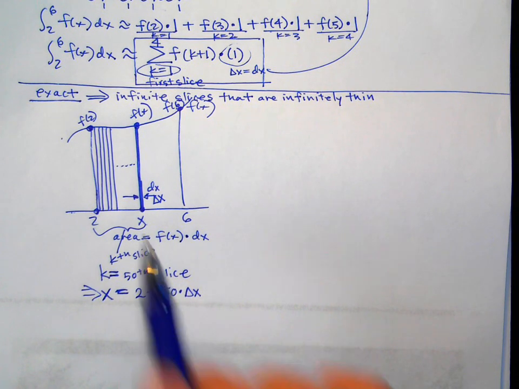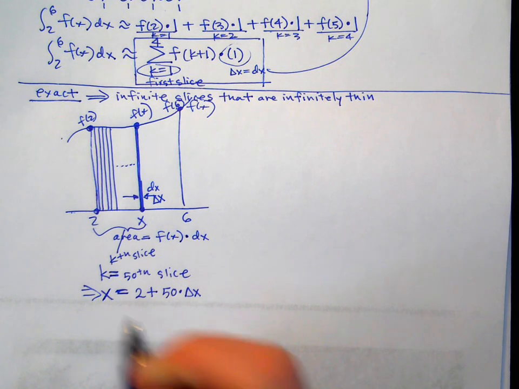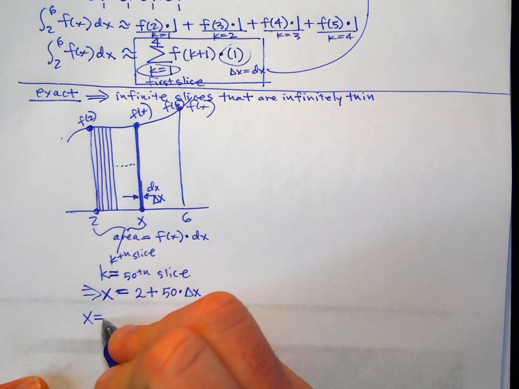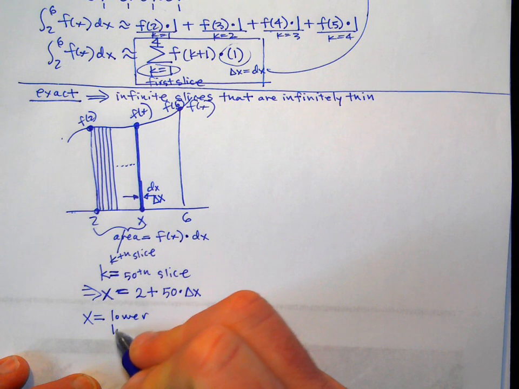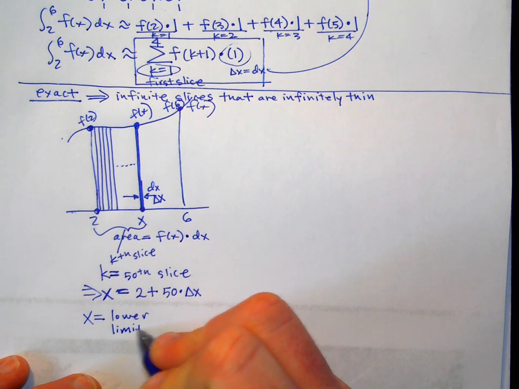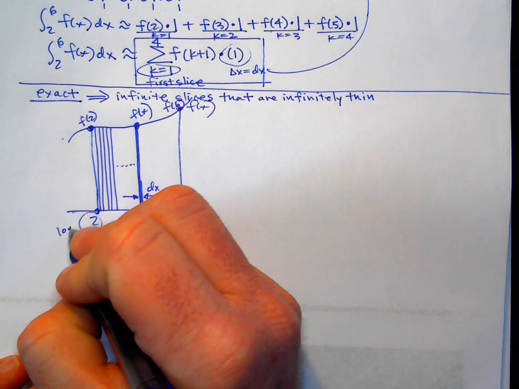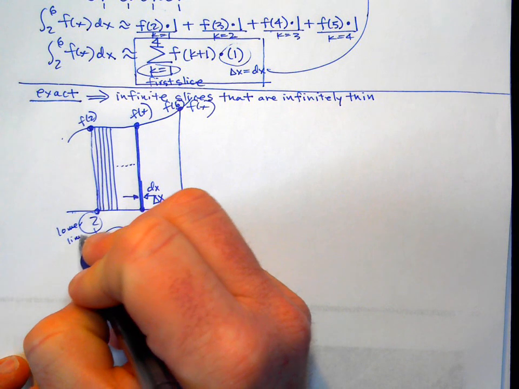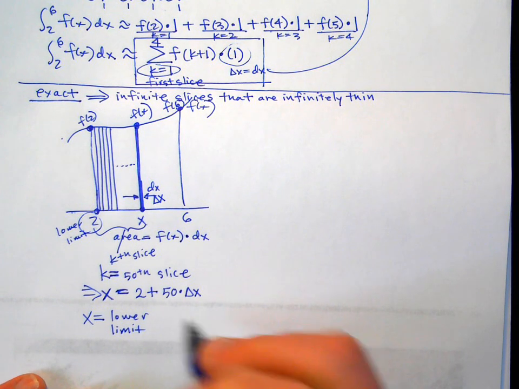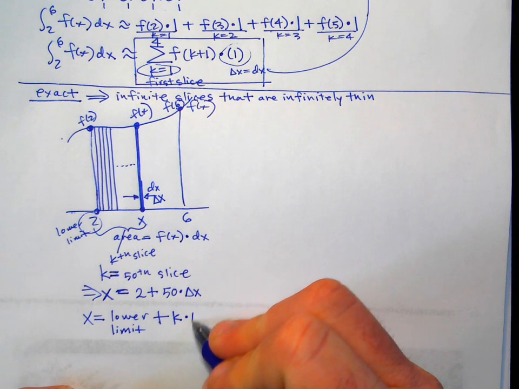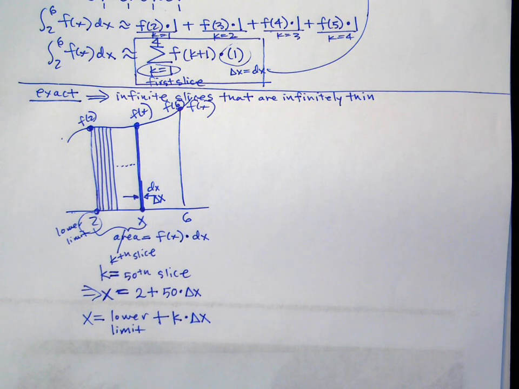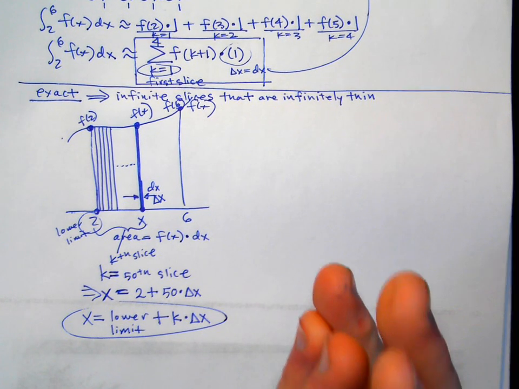So that's an idea that we need to understand. The x is always going to be the lower limit, plus how many slices, k, times the thickness of each slice, delta x. So this is how we find where we're at, okay?